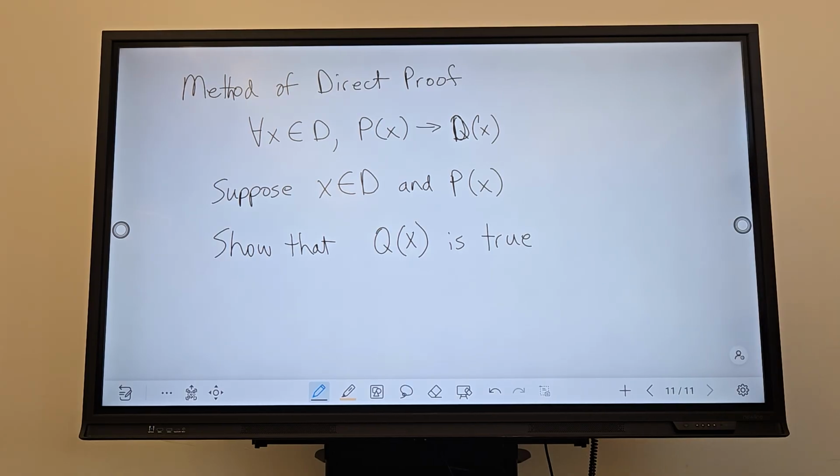So just as a simple example, prove this, that the sum of any two even integers is even.